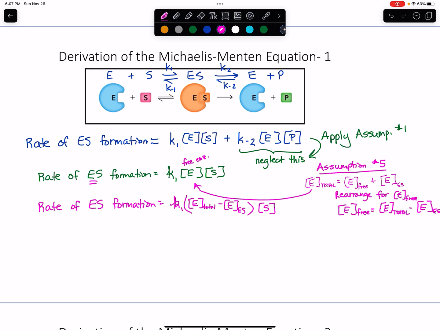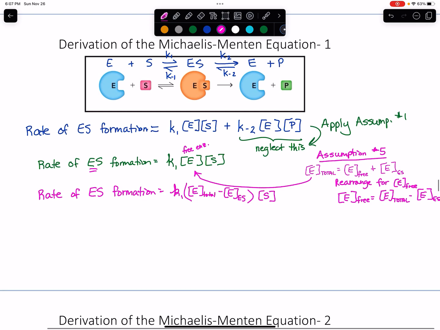Now, the next thing we want to consider is the breakdown of the enzyme substrate complex, or the formation of product. So now we want to know, how do we get here? Because we know that to go from here to get to here, we have to go through this enzyme substrate complex.